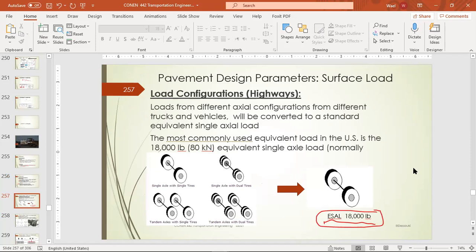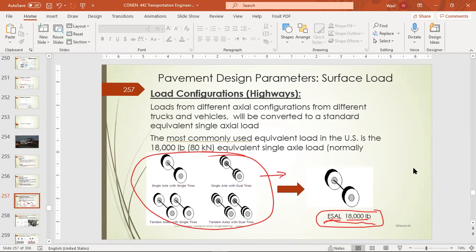The traffic load may be confusing for some engineers, because you can see different trucks, different vehicles. So basically what we do, we take all these trucks and convert them into an equivalent number of single axle loads, where the standard single axle is 18,000 pounds or 80 kilonewtons.